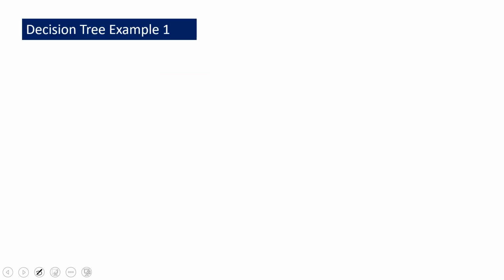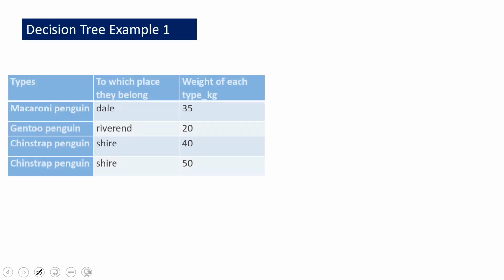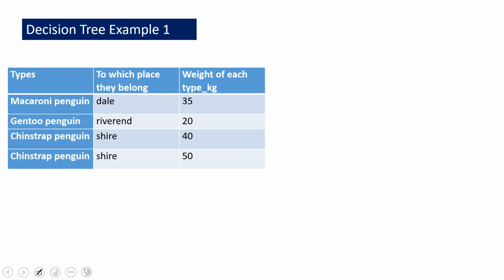Now, let's take another example. Now we are having different classes over here. We have different types, and based on their features, we have taken two different features. This one is the first feature, this one is the second feature, and these are the types, which means this one is type 1, type 2, type 3.